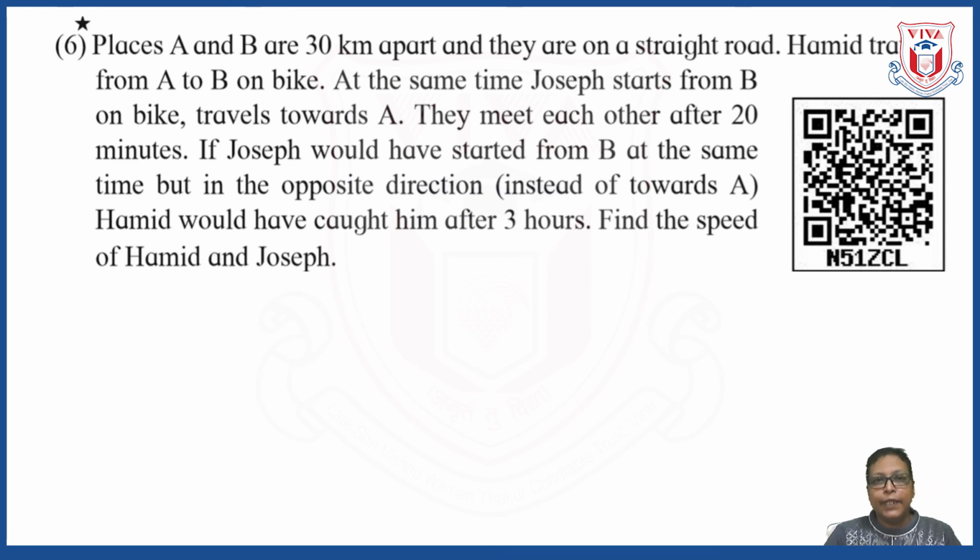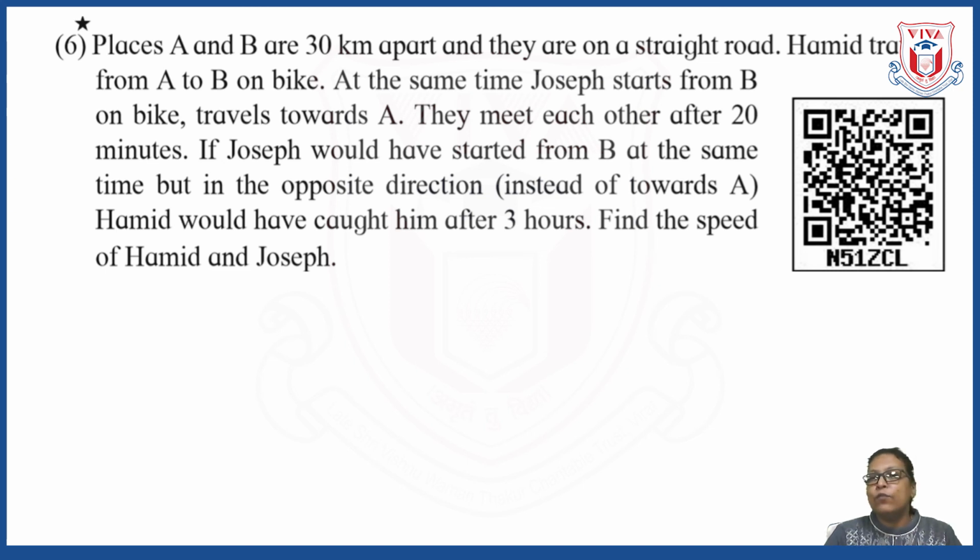Places A and B are 30 kilometers apart and they are on a straight road. Hamid travels from A to B on bike. At the same time, Joseph starts from B on bike, travels towards A. They meet each other after 20 minutes.